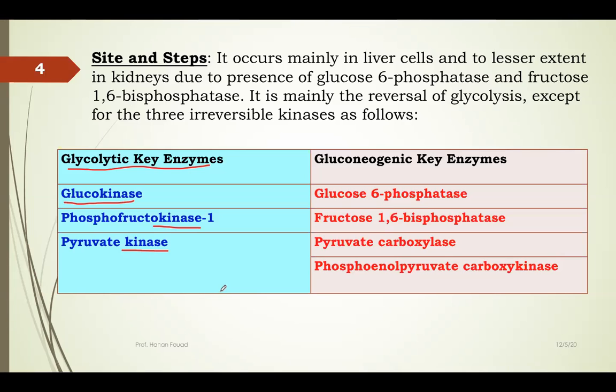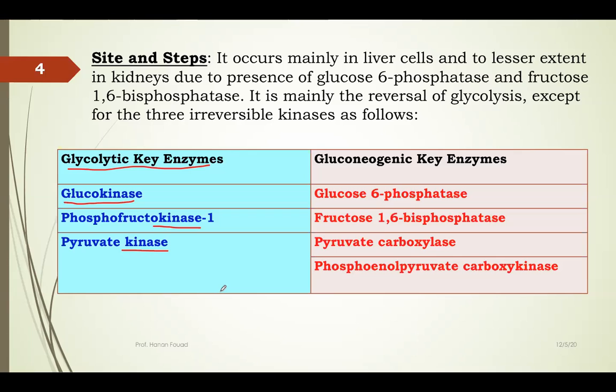The process depends entirely on the reversal of glycolysis. Of course, you should have studied glycolysis. In glycolysis, we start the first enzyme by glucose, and then we go across about 10 reactions until we reach pyruvic acid.